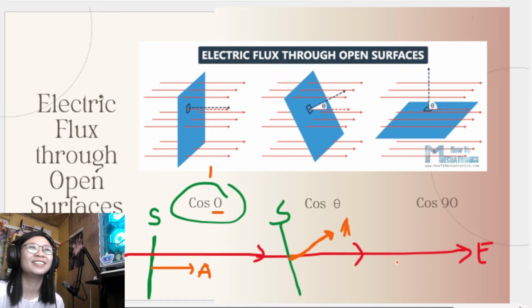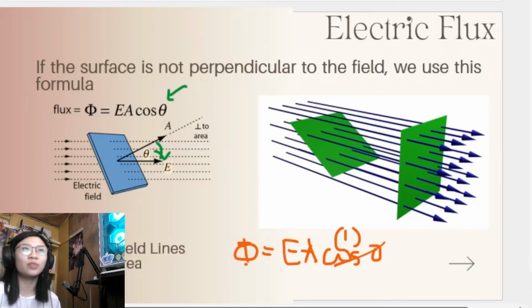So, it is making a small angle between A and E, and your theta will depend on that. Let's say your theta is 30 degrees. So, when solving for it, that will be EA cosine 30.